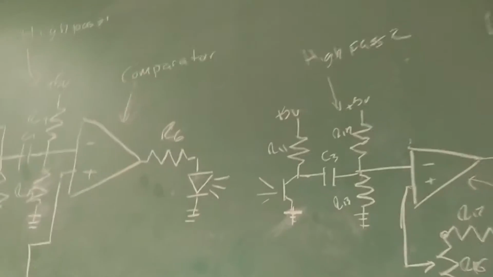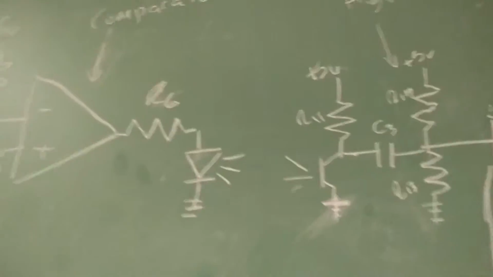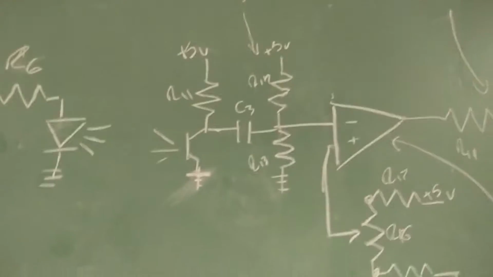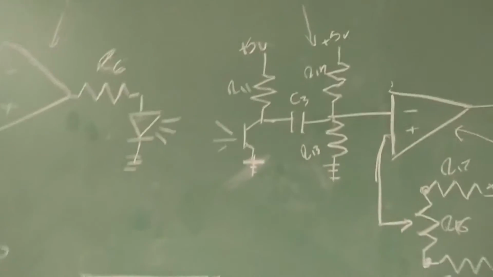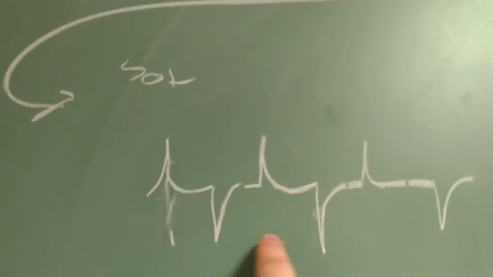So the phototransistor produces a very similar binary output, on and then off, because that's how it produces it. And then that goes through another high pass filter. And since it's digital like this, it'll be converted to this type of signal.